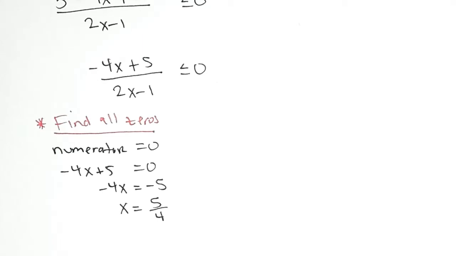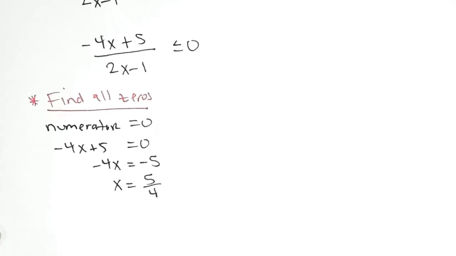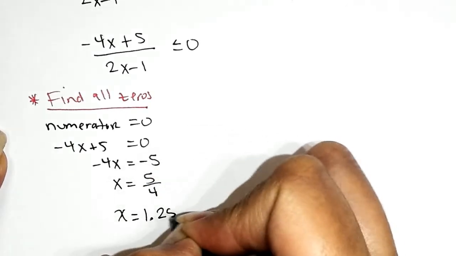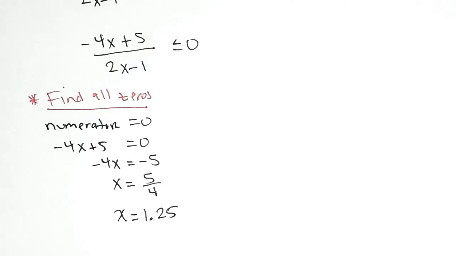We can leave it as an improper fraction, we can write it as a mixed number, or we can write it as a decimal. I myself prefer the improper fractions, but students love the decimals, so I'm going to give the people what they want, okay? So we're going to write it as x equals 1.25. Remember, decimals are fine, just make sure you don't round them, okay?